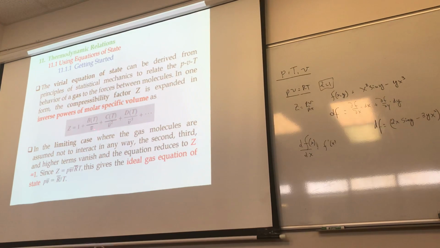So in the limiting case where the gas molecules are assumed not to interact in any way, then the second, the third, the fourth term vanish, and the equation reduces to simply Z equal to 1, which is essentially PV equal to RT. Okay? Since Z is equal to PV over RT, this gives the ideal gas equation. But initially, this was how it was done.